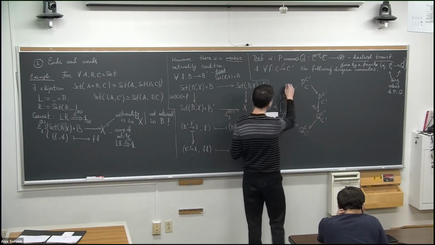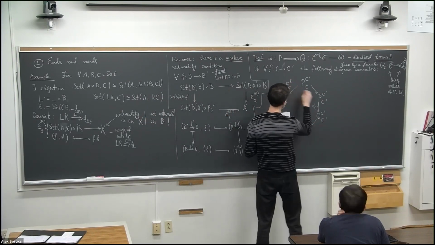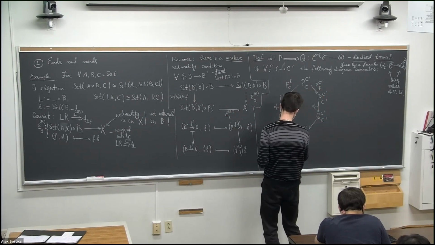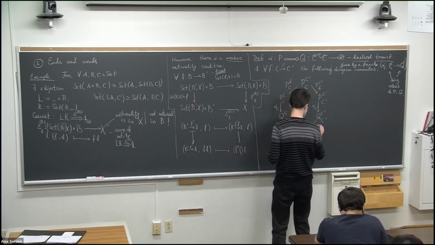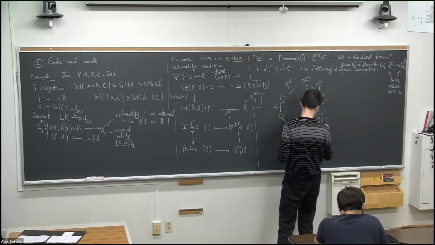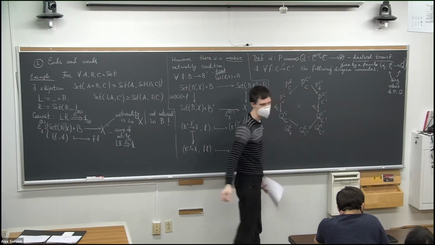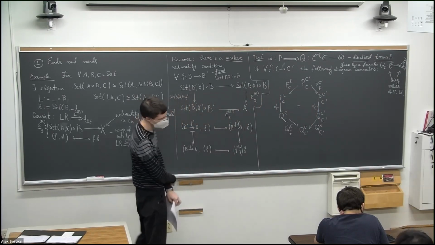Here will be P(C,C), here P(C prime, C), here Q(C,C prime), here Q(C prime, C prime). So this thing commutes.